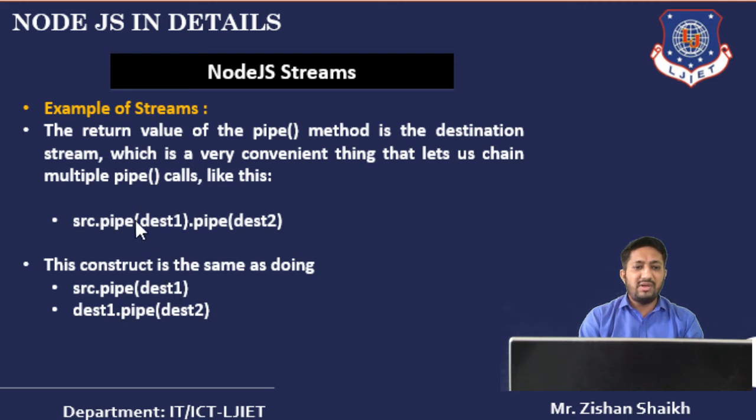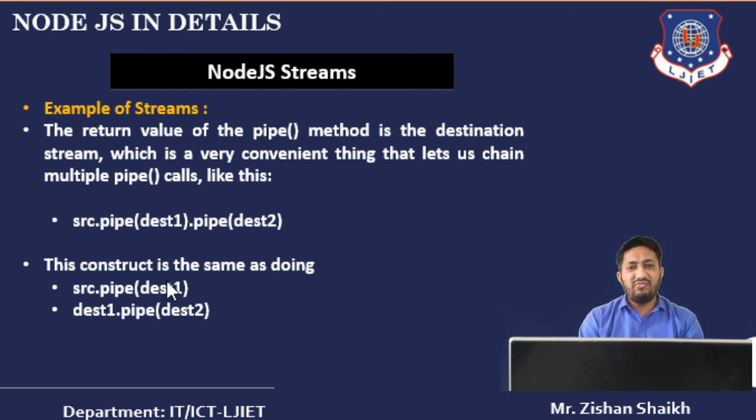For example, if more than one pipe is used for the same or different destinations, you can use source.pipe with the first destination, then .pipe destination two. So it will be considered as source.pipe(destination1).